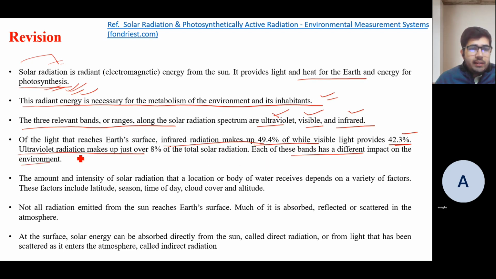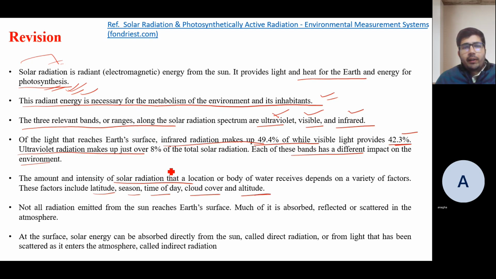Now, the amount or intensity of solar radiation that a location or body of water receives depends on a variety of factors. We know that because the Earth is rotating in a particular orbit and revolving around the sun, there are various factors. These factors include latitude, season, time of the day, cloud cover, and altitude.